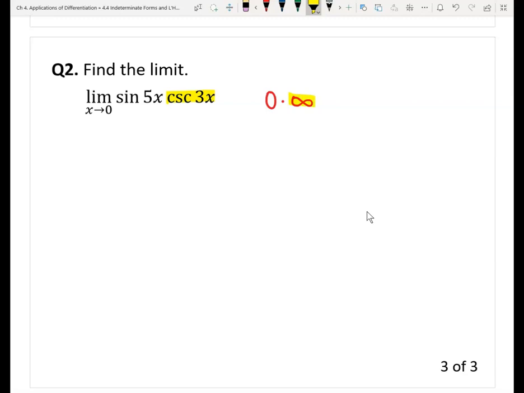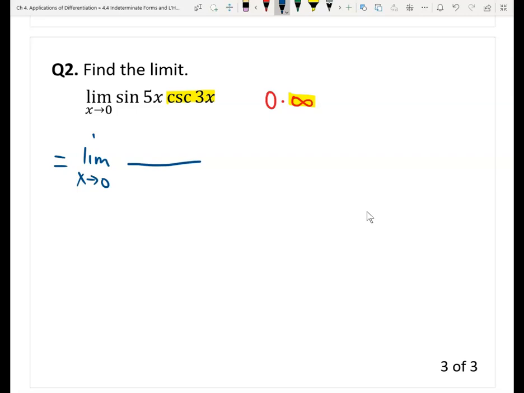Okay, so let me highlight this. So infinity goes down to the denominator, which goes to 0. Therefore, we have 0 over 0. Let's see. Do we have that? Definitely. We're going to get this.